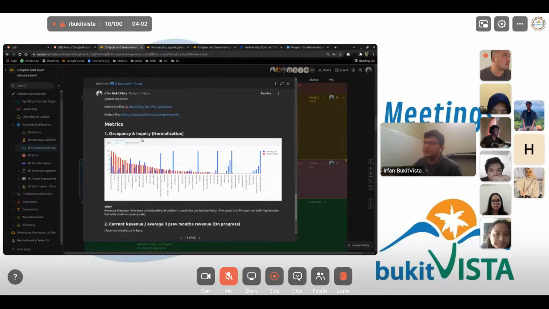The first metric I use is occupancy and inquiry. We can use inquiry normalization, and we can see the occupancy rate versus the normalized inquiry.